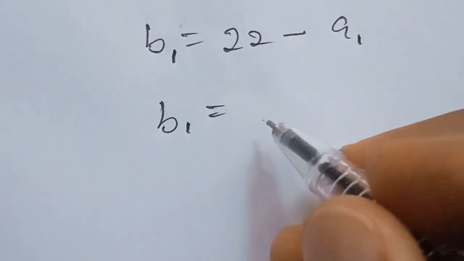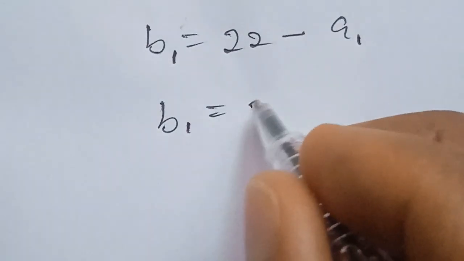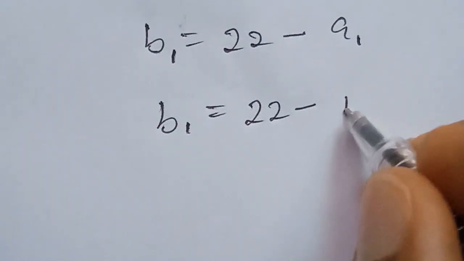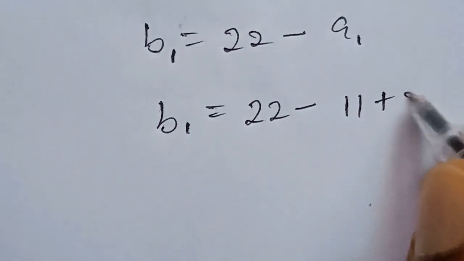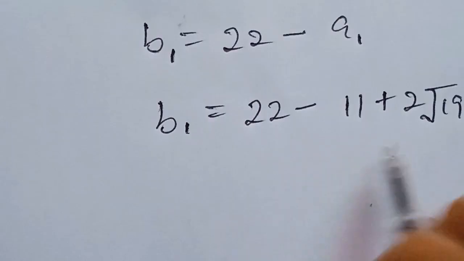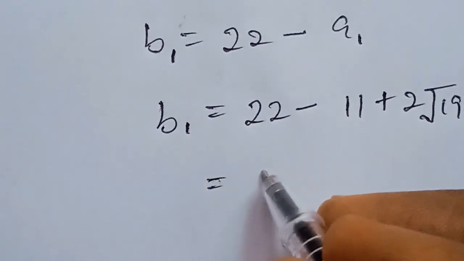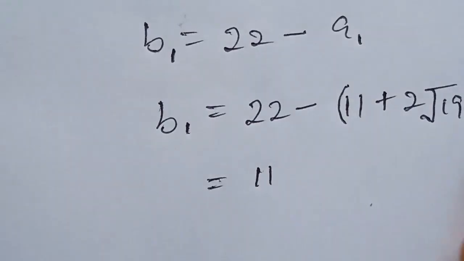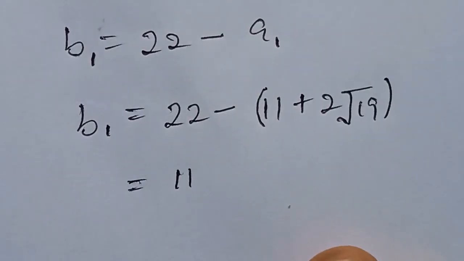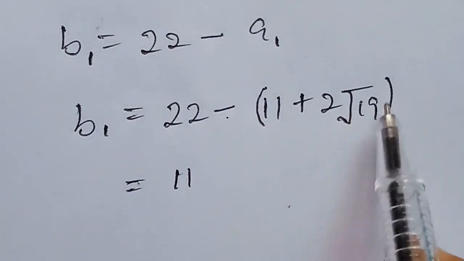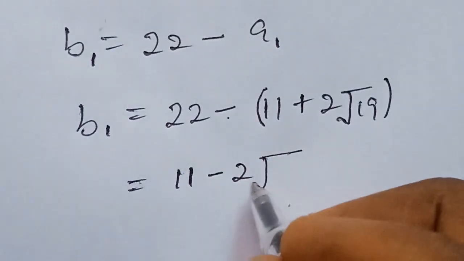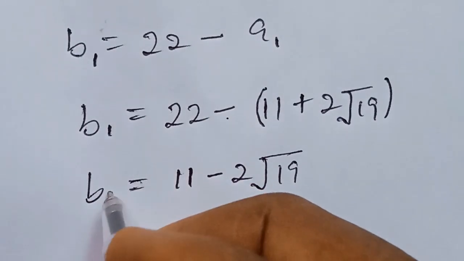So b1 equal to 22 minus a1, which is 11 plus 2 square root of 19. So the minus sign multiplies the bracket. So we have 11 minus 2 square root of 19, which is b1.